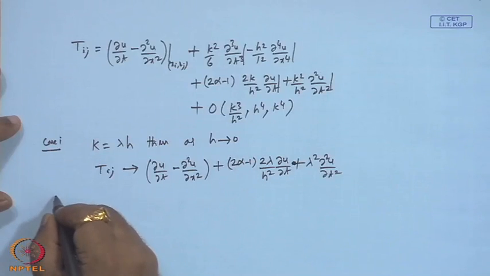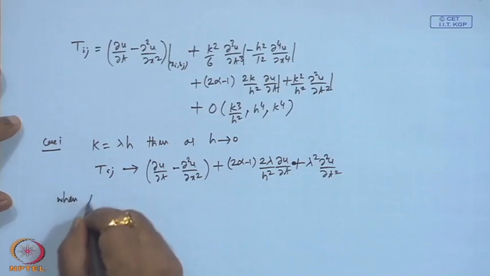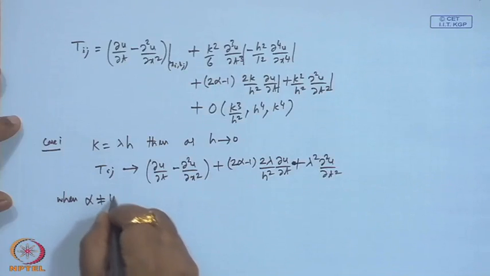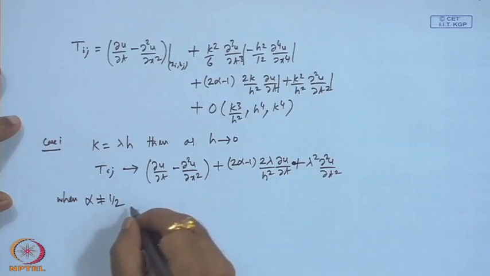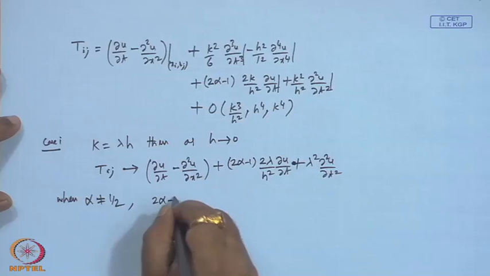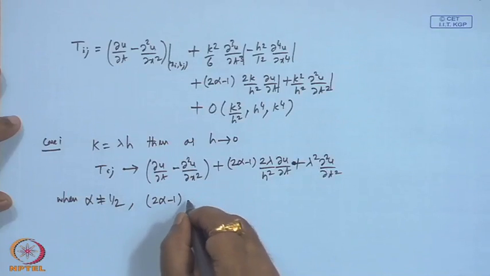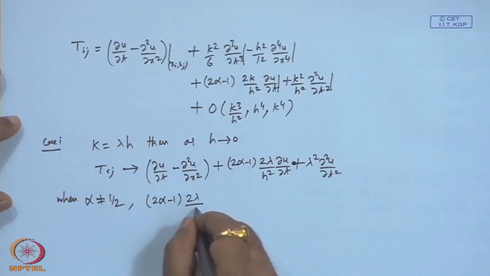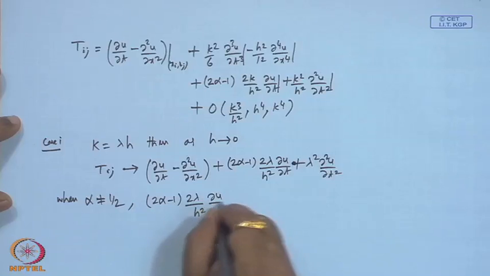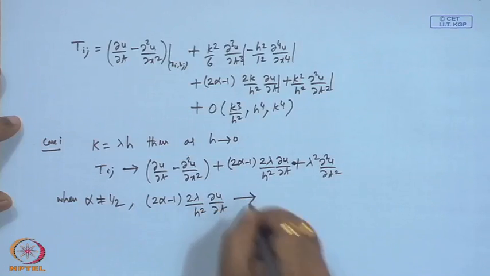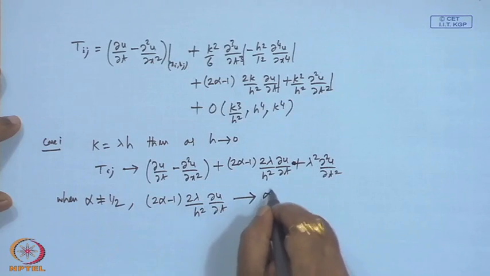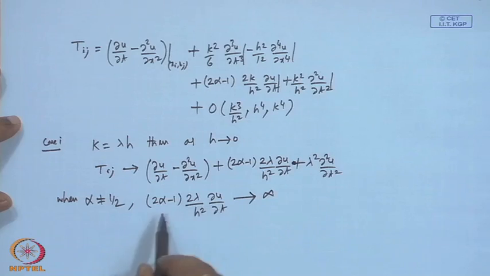Then when alpha is not equal to half, 2 alpha minus 1, 2 lambda by h square, this goes to, this blows up, okay, right.